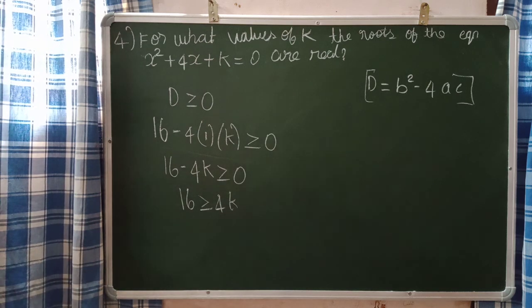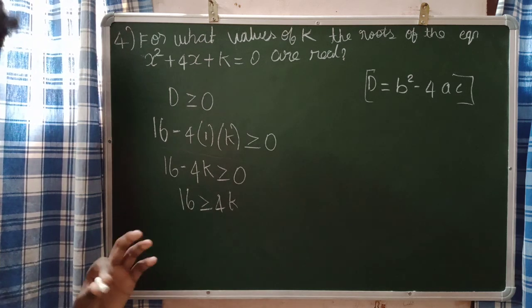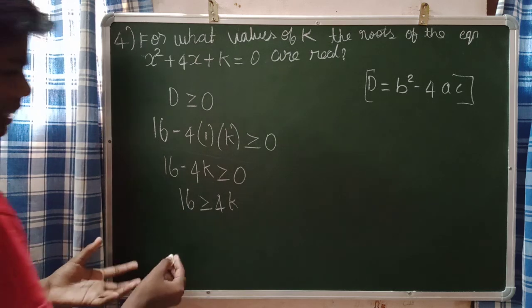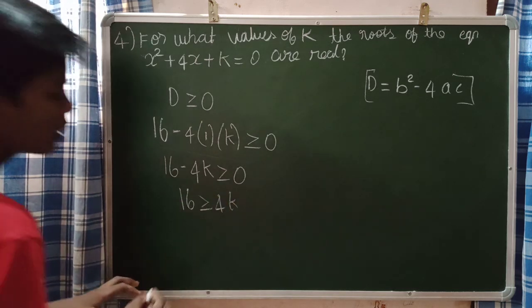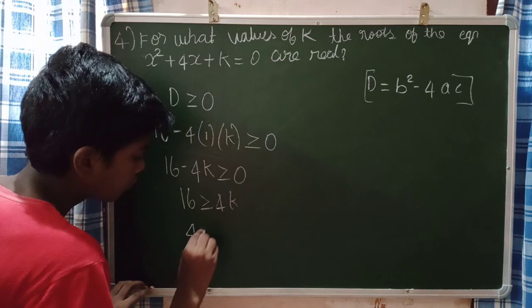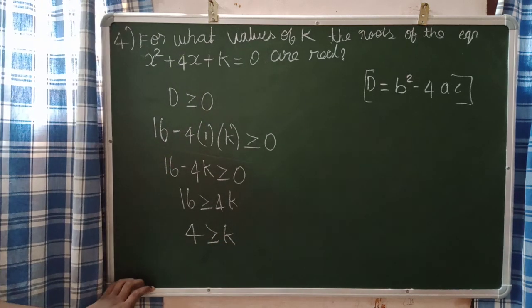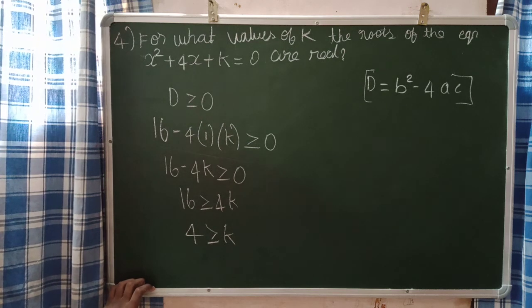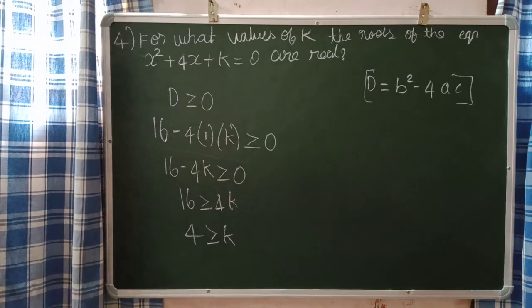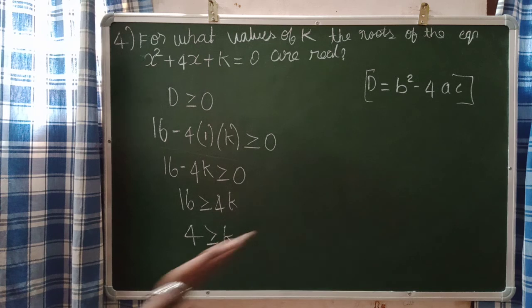Now take square root on both sides. Not square root, okay, not square root. You can directly solve it by 16 by 4. 16 by 4 is equal to 4, greater than or equal to k. Just divide by 4 on both sides of the equation. You don't need to take square root and all.